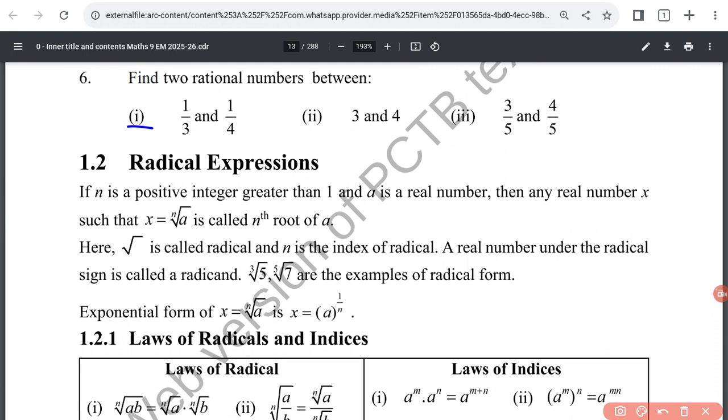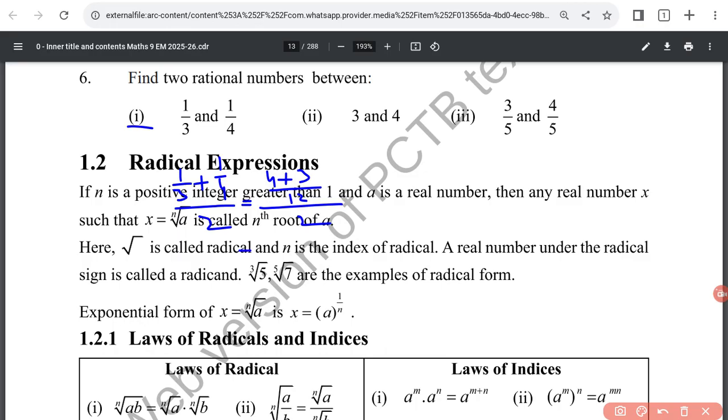So 1 over 3 plus 1 over 4, over 2. Then we add them together. It is 4 plus 3 over 12, over 2.